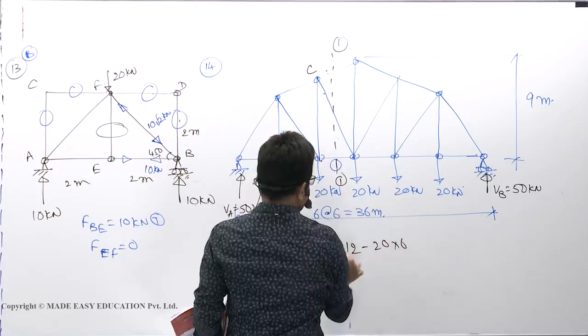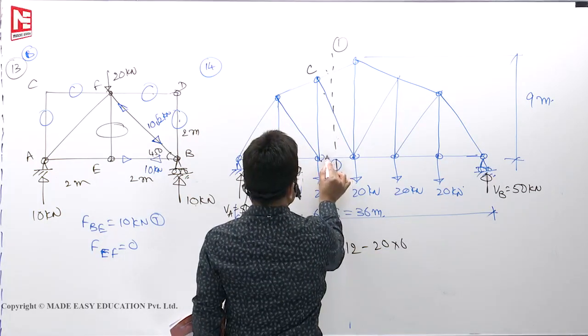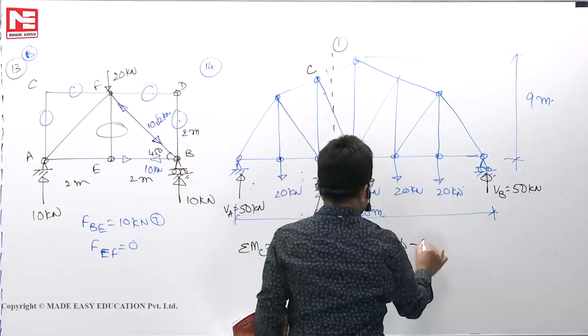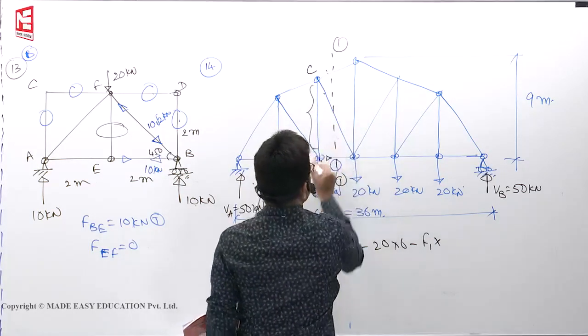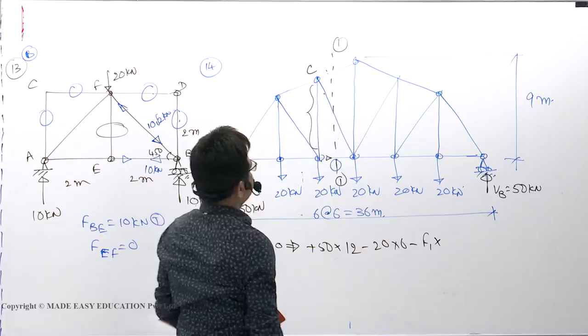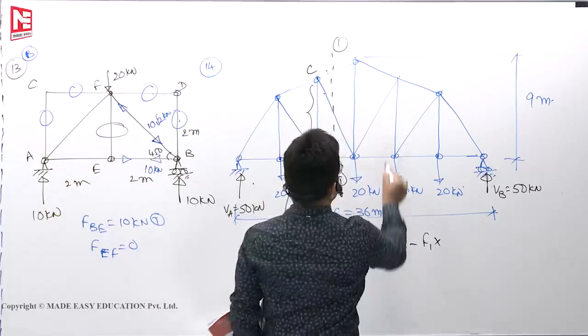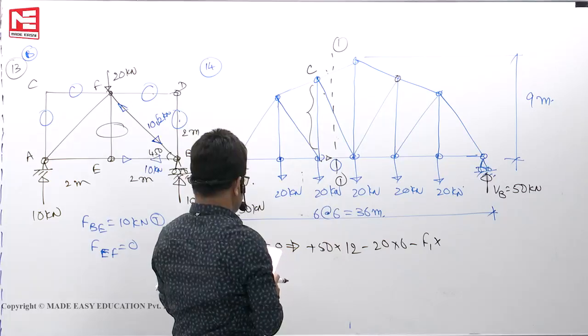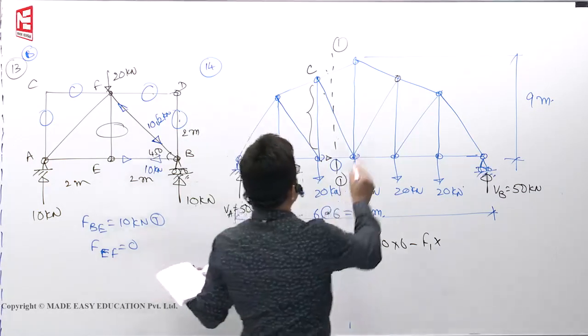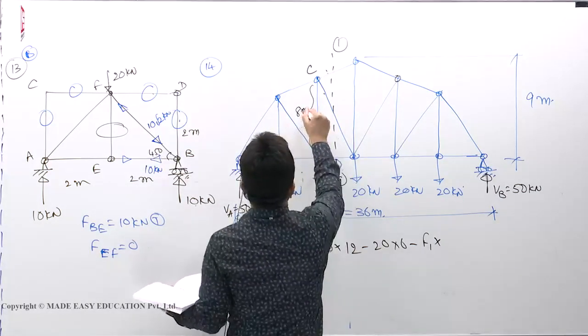So you see, clockwise moment is more means this should be now anti-clockwise. Minus F1 into this height, how much is it from here to here? That we have to find. These angles are given. This is 8 meters. This he has given as 8 meters.